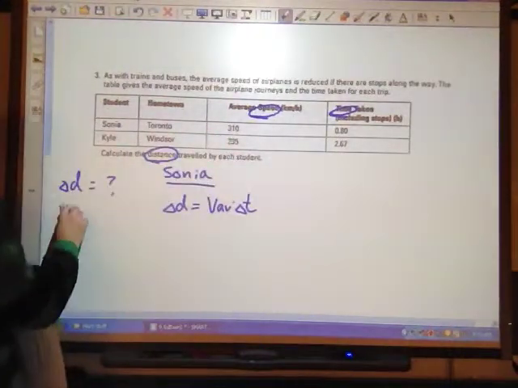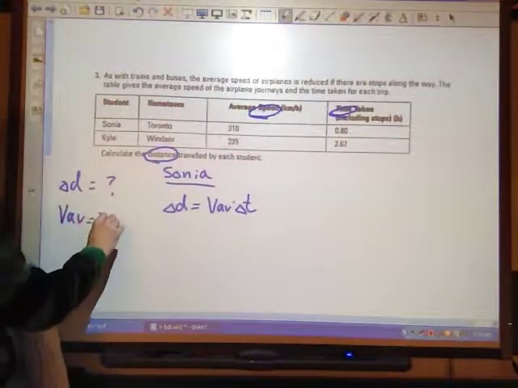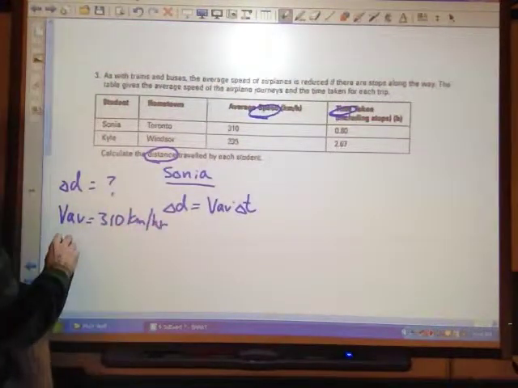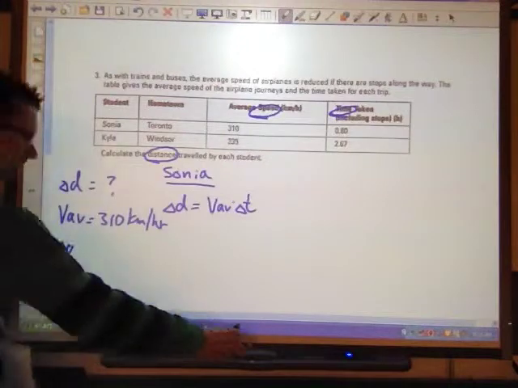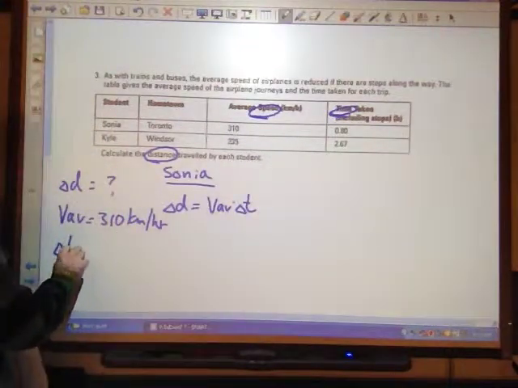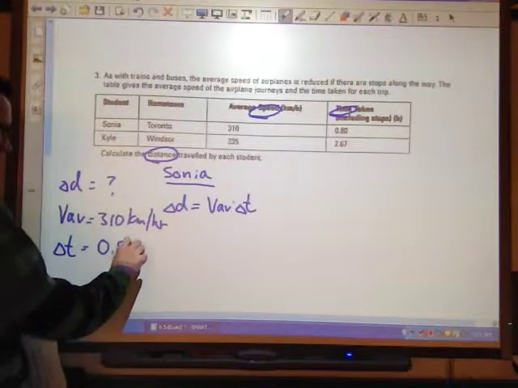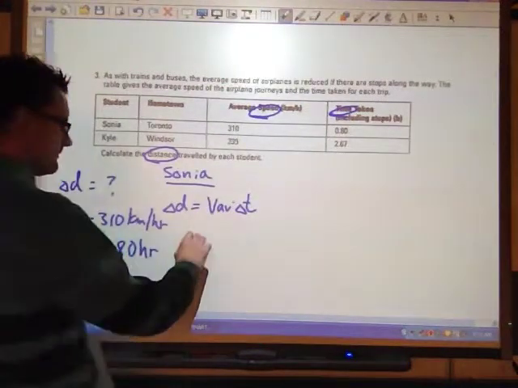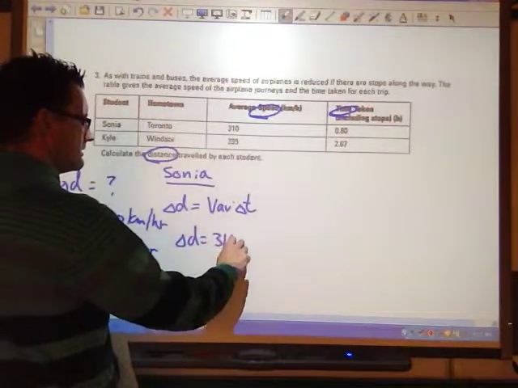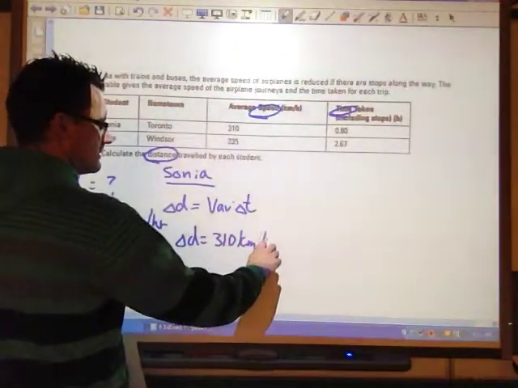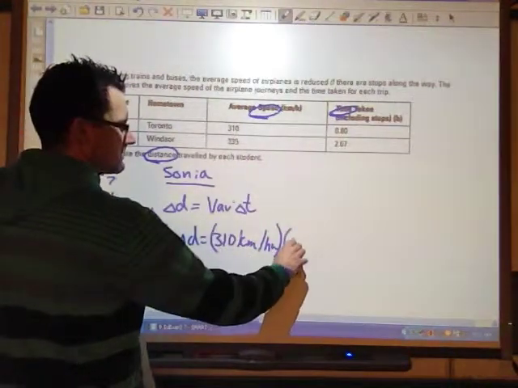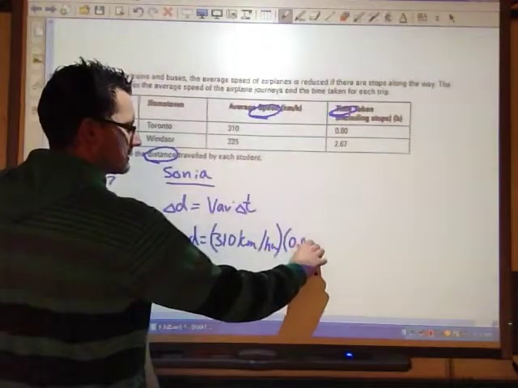So here average speed is 310 kilometers per hour, and t, I'm told, is 0.8 hours. So substituting that information in here, 310 kilometers per hour multiplied by t. I'm just using brackets here to demonstrate multiplication.